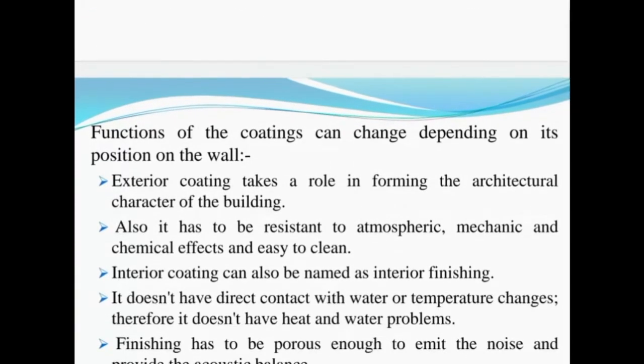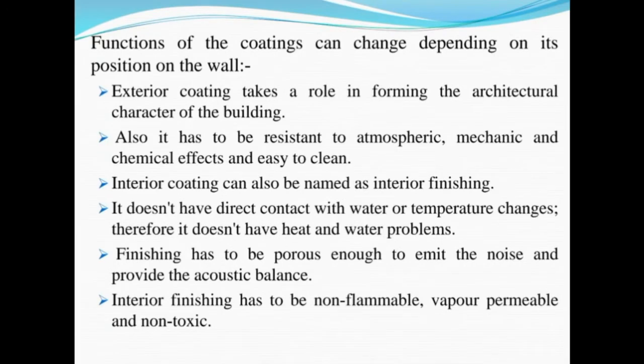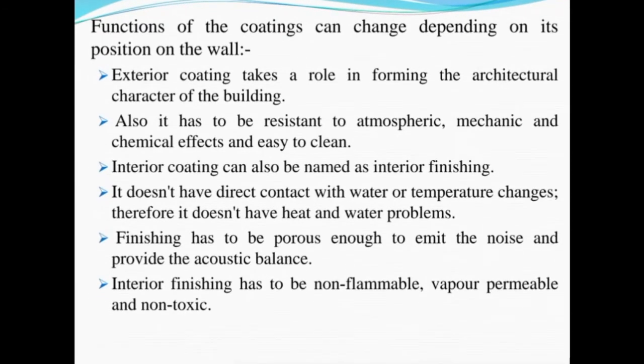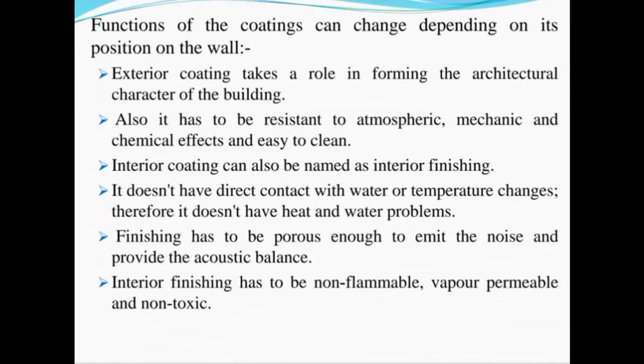And we are going to see about the functions of the coating that change depending upon the position of the wall. First one is exterior coating, that takes a role in the formation of architectural character of the building. It's also resistant to atmospheric, mechanical and chemical effects, and it's easy to clean. Saying about the interior coatings, it's also named as interior finishing.